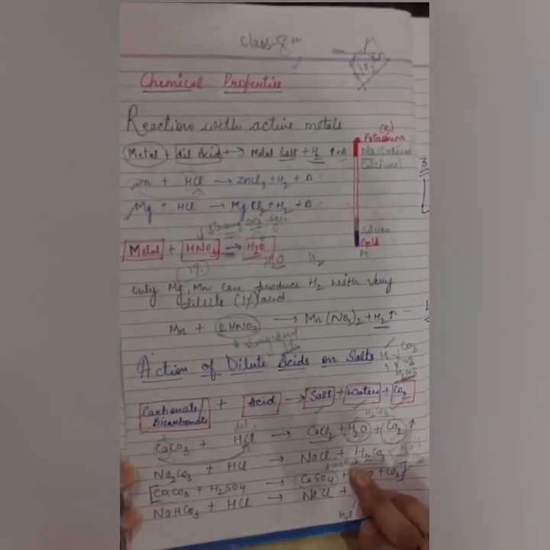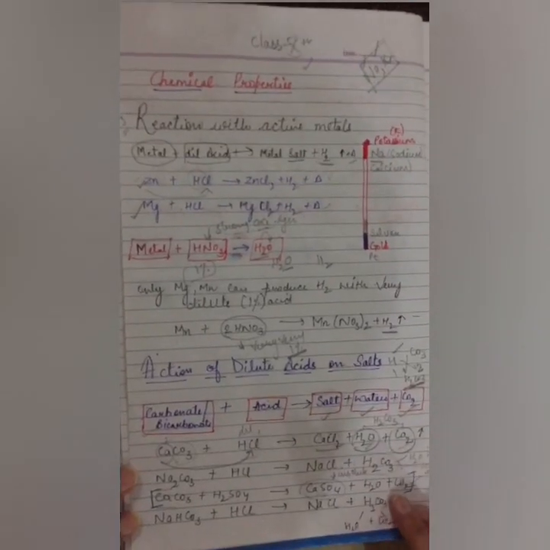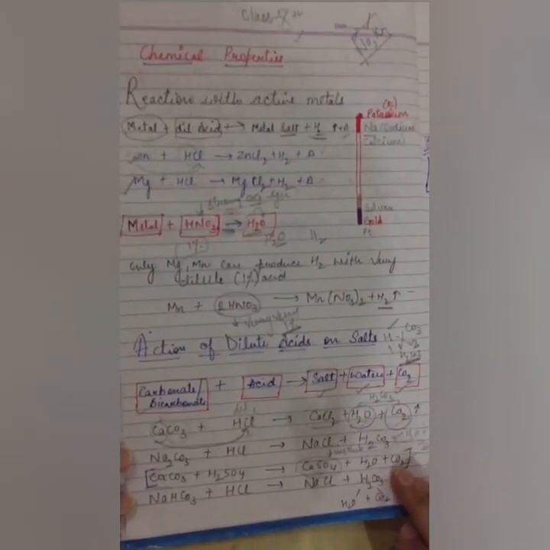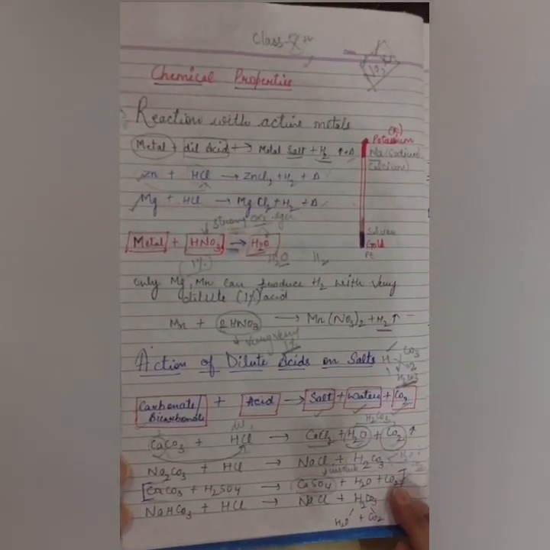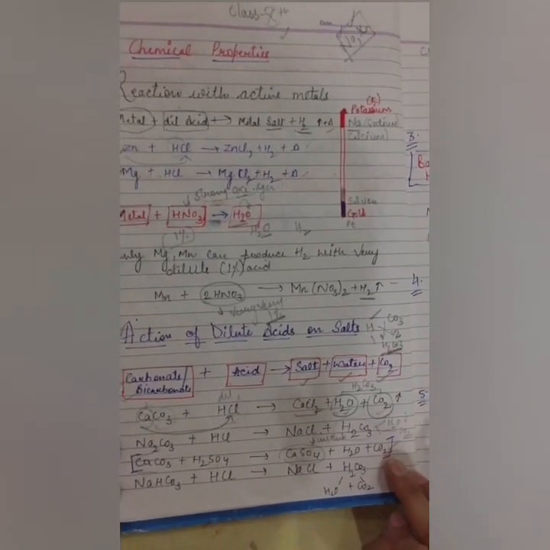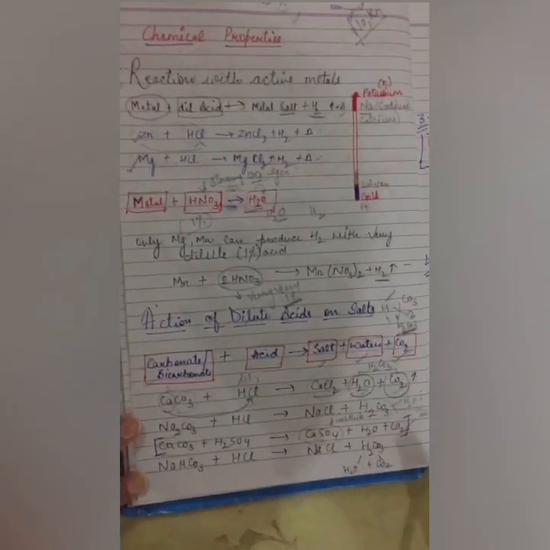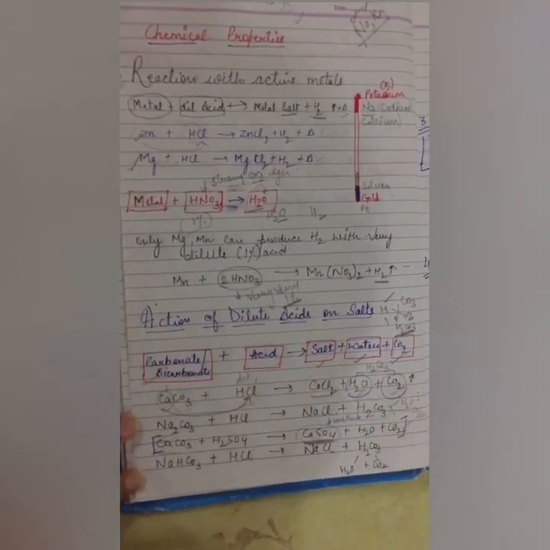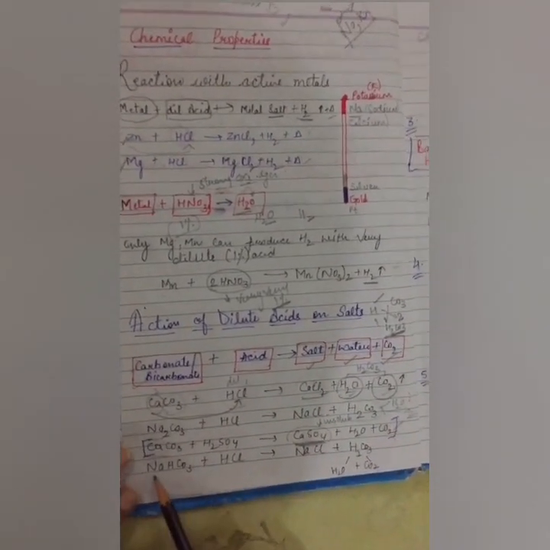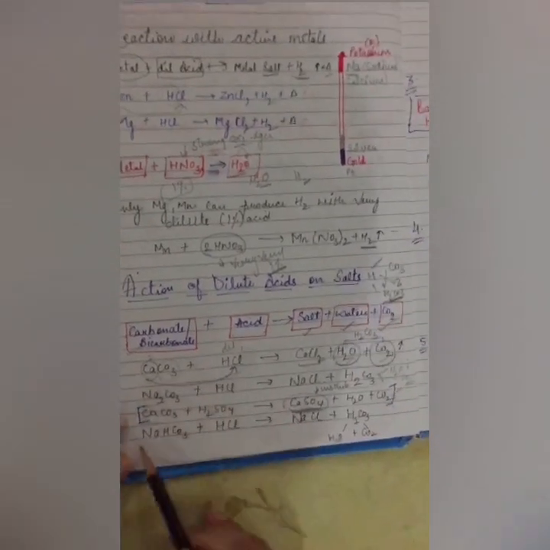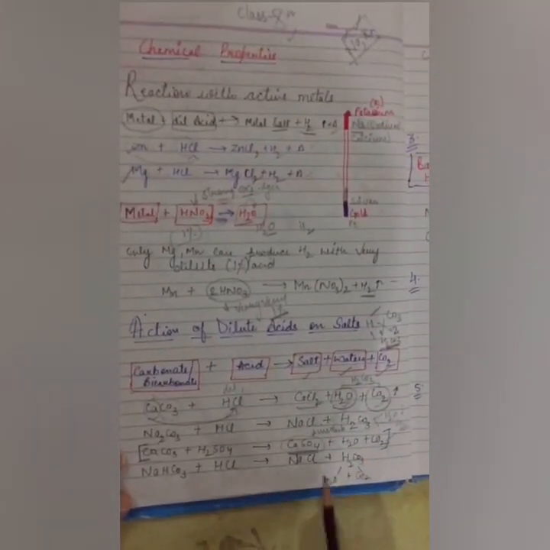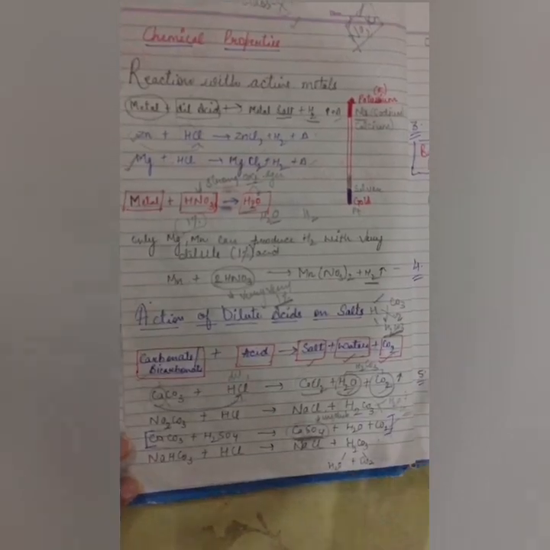When it is insoluble, it will hinder the reaction and stop it. So practically this reaction is not possible, because carbon dioxide will not be properly produced, since it is an insoluble precipitate. Next, sodium hydrogen carbonate will form NaCl plus H2CO3, which further breaks into H2O and CO2.